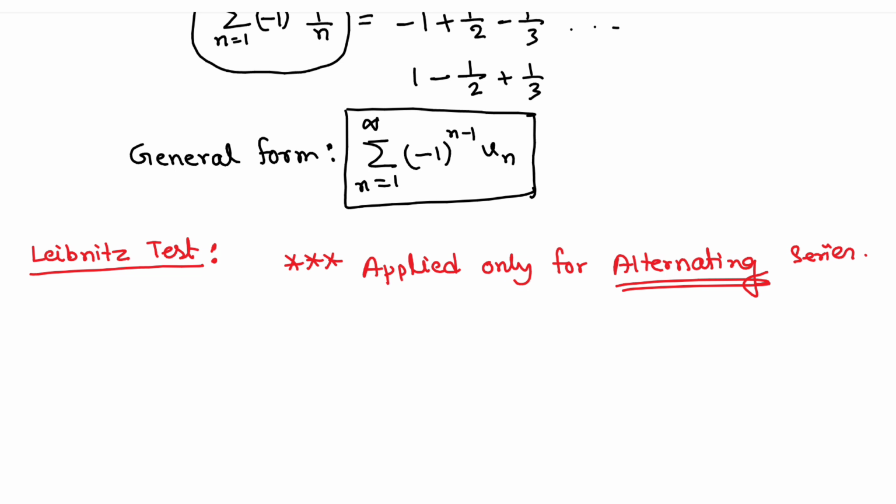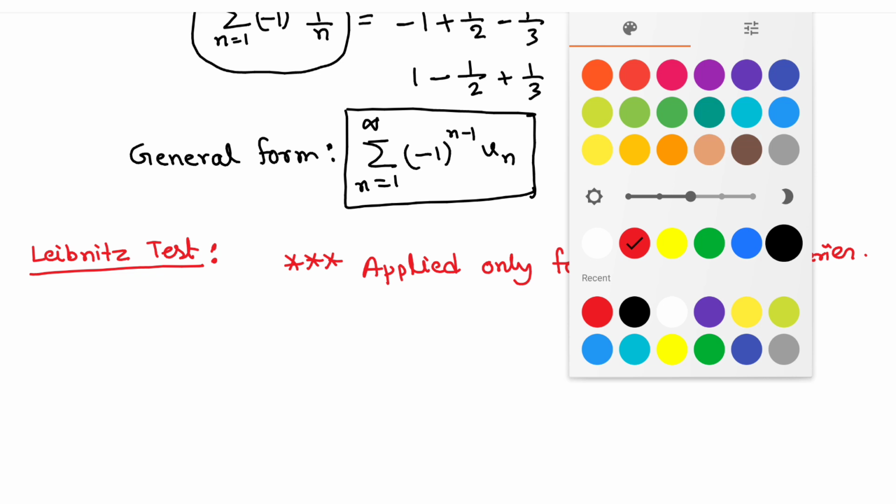If you see a change of sign, plus minus plus minus, then obviously use the Leibniz test, and this is the only test included in your syllabus for alternating series. So if the question is given with plus and minus interchanging, a change of signs, then no doubt you can use the Leibniz test. So let's write the statement.